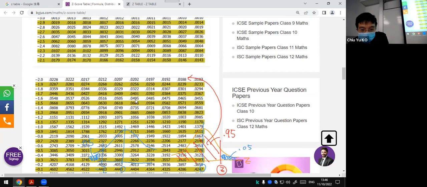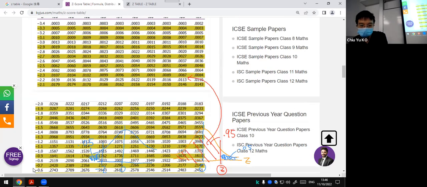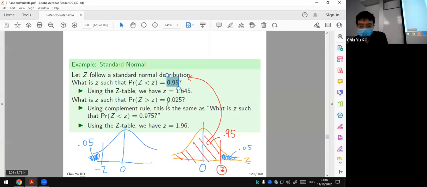Somewhere between these two, negative 1.6, and between the fourth and fifth columns, 0.04 and 0.05. So it's 1.645, because it's between these two columns. That is how we get this value.